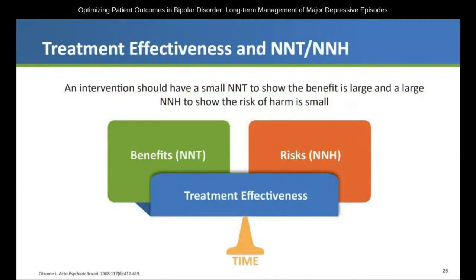We can actually use NNT and NNH to quantify benefits and risks and assess how potentially effective a medicine would be over time. We would want a small NNT versus placebo, for example, to show that we'll anticipate benefits often.